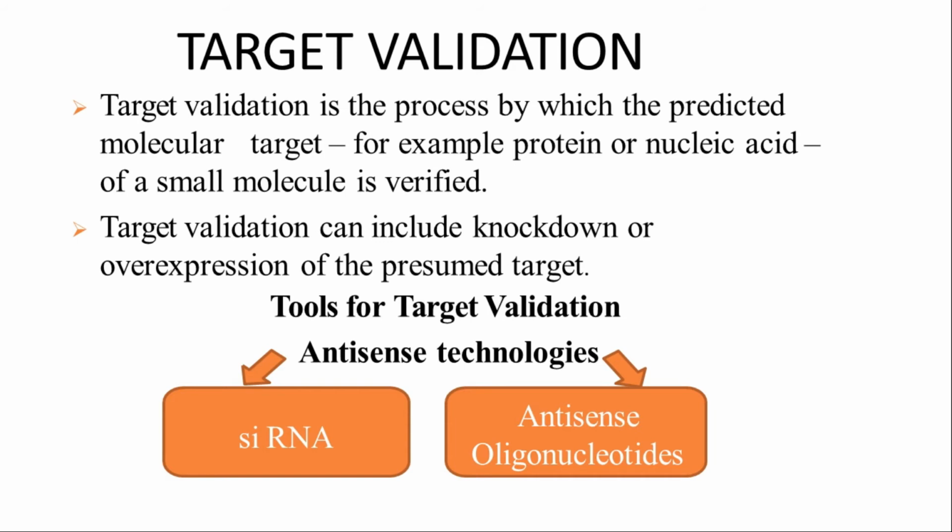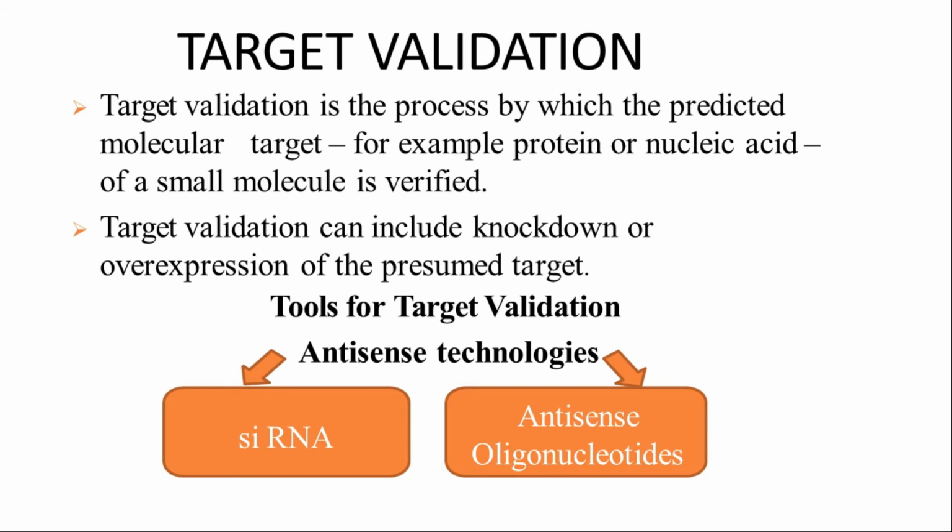Target validation is a process by which the predicted molecular target of a small molecule, for example a protein or nucleic acid, is verified. Target validation can include knockdown or overexpression of the presumed target. Tools for target validation: first is antisense technology.